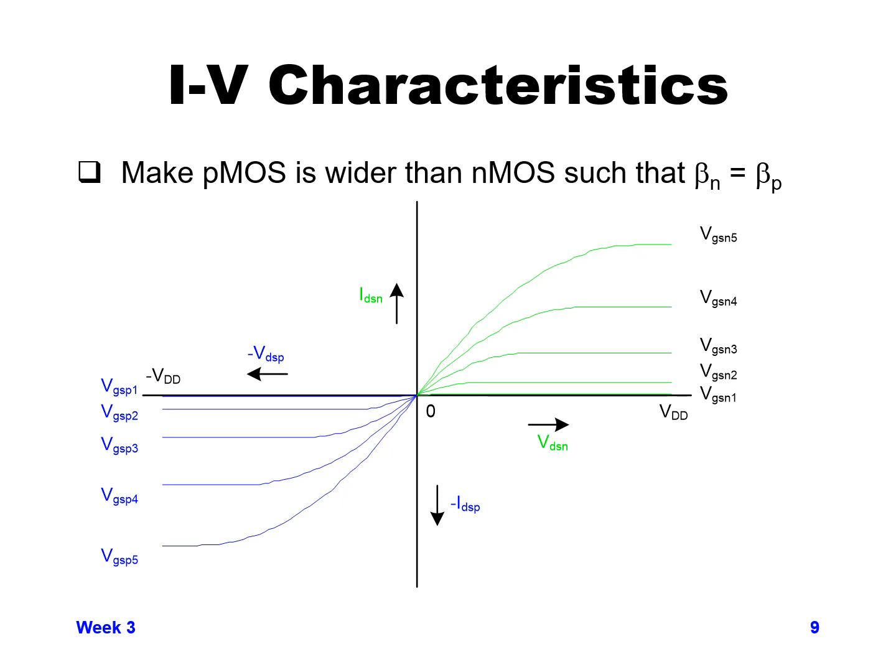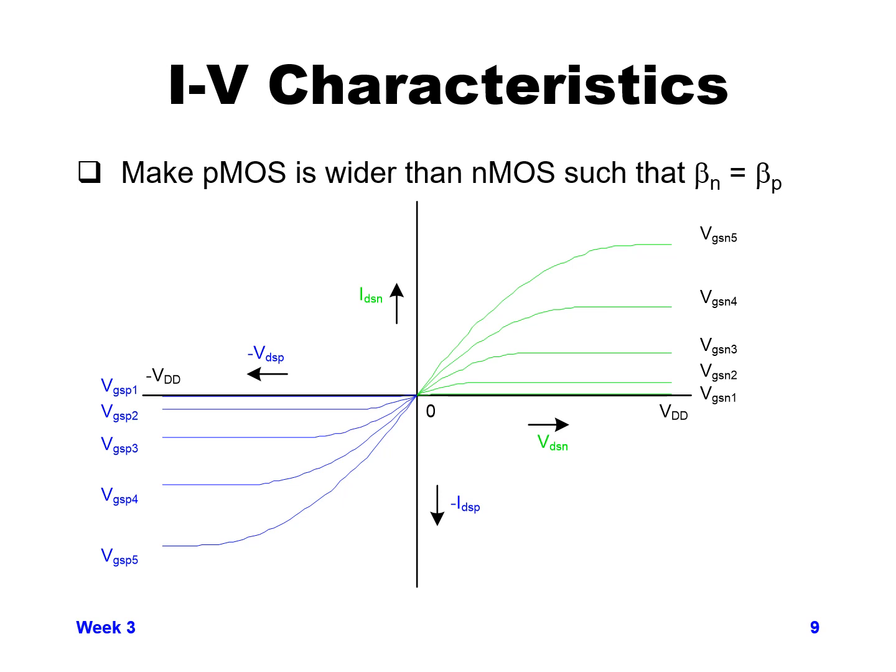So in here we're showing the NMOS voltage versus current, which is the green waveforms in the upper right quadrant, versus the PMOS current versus voltage, which is the blue waveforms in the lower left quadrant. I've mentioned before that usually PMOS transistors have a lower mobility than NMOS.